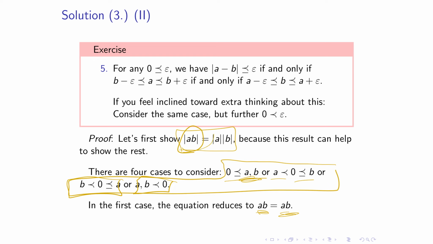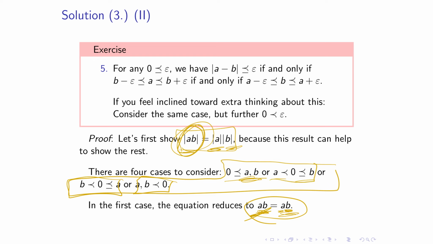And so the absolute value of AB is just AB by definition of the absolute value. So the left-hand side just turns into AB. What about the right-hand side? Absolute A is just going to turn into A, absolute B is just going to turn into B. So we just get this trivial equation immediately, and this case is done.